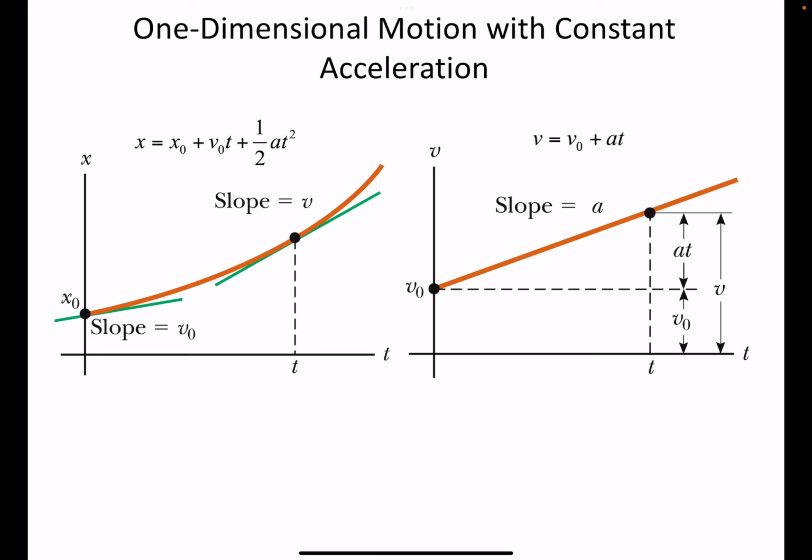A key concept here is that the area under the velocity versus time graph is equal to the displacement. For constant acceleration, this area forms a trapezoid. And by calculating the area, we can derive our second kinematic equation: displacement equals the initial velocity times time, plus 1/2 the acceleration times time squared.